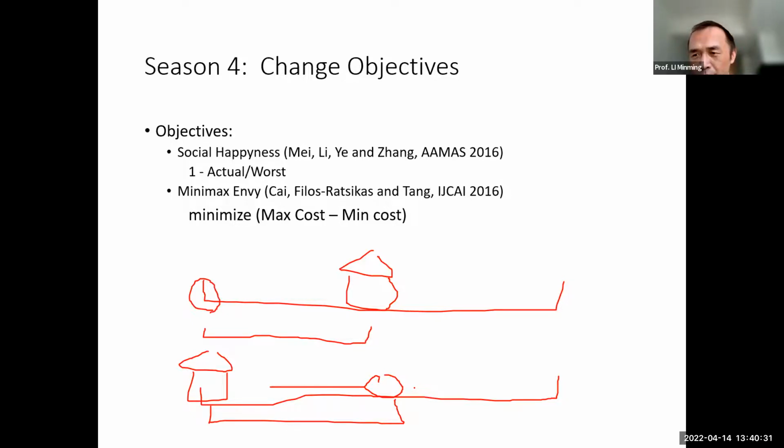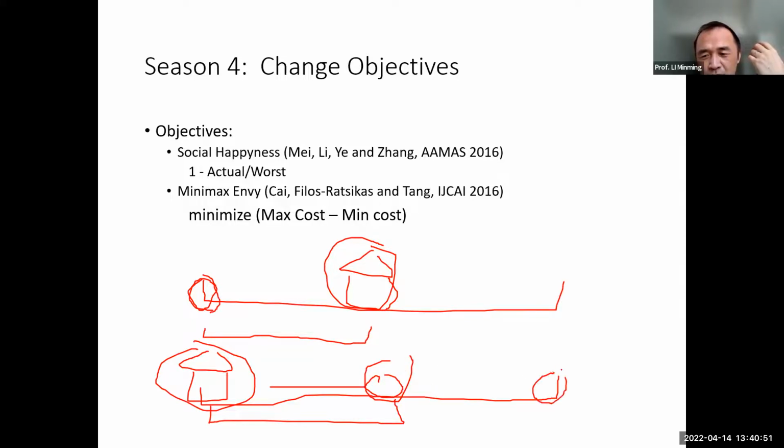Sharon said no. Why no? For the first agent, placing the facility here is the worst possible for it. It's the worst scenario. For this person, placing the facility in the middle is not too bad because he has an even worse option here. So basically, different people's perspectives could be different.